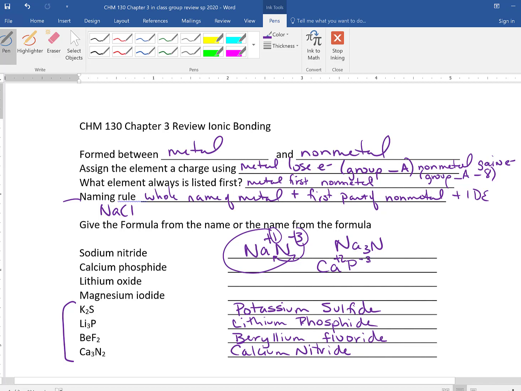See, it's in group 5, and 5 minus 8 tells you it's a negative 3. Then just swap them. So the formula would be Ca3P2. Assign the charges and just swap them. If they were like 2 and 2, simplify. That would be the last thing that you would double check. These ones just stay as is. They're already in the simplest form.